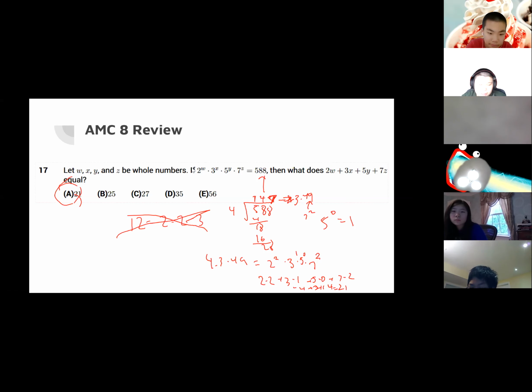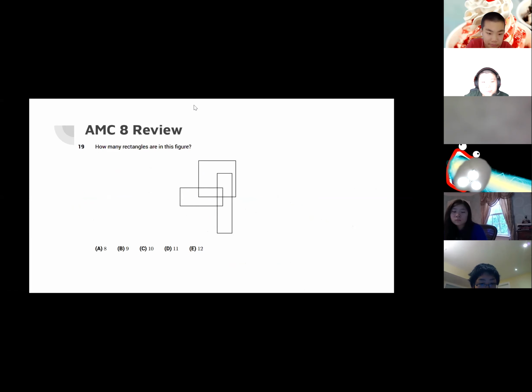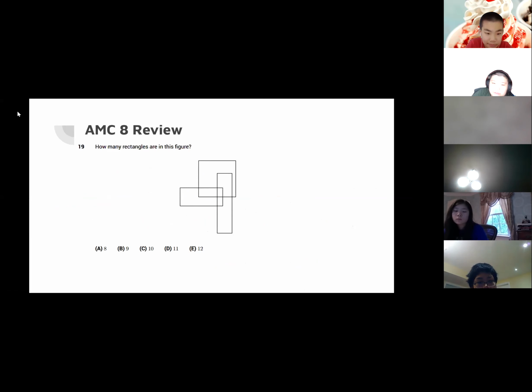But anyway, number 19. How many rectangles are in this figure? So people seem to have a little bit of trouble in this one because you just have to do some really careful counting.